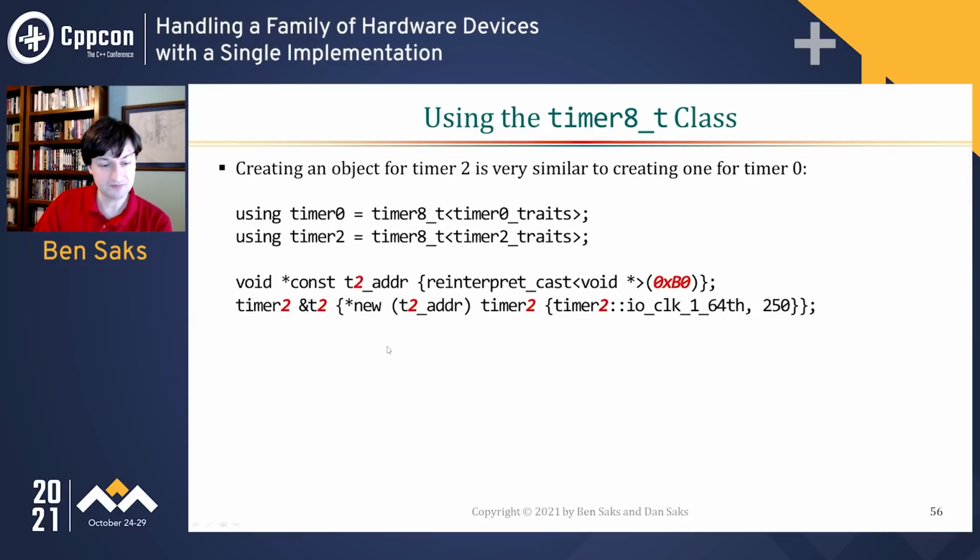And it goes at the address associated with timer 2. It uses the clock select options associated with timer 2. So when the user specifies the constructor arguments, they'll make sure to say that the clock select options are the ones coming from this timer type and not a different timer type. But if they get it wrong, don't worry, they will get a compile error. We'll talk about that in just a moment.